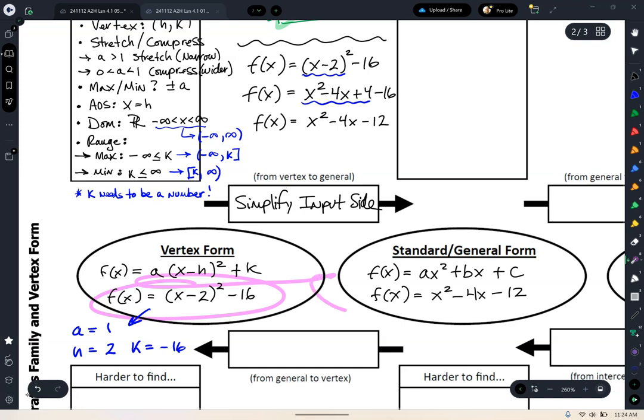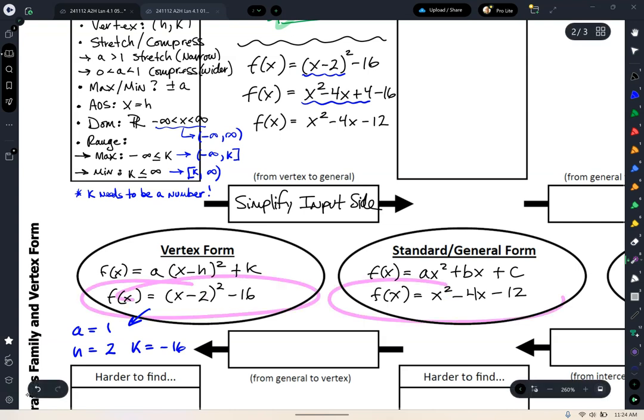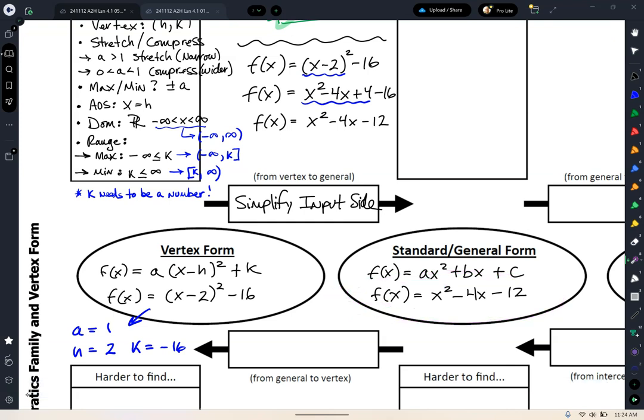These two functions are identical. In fact, if we typed this into Desmos here, and we typed this into Desmos here, we would get the exact same graph sitting right on top of each other. What kind of a quadratic system would that be if they were sitting right on top of each other?